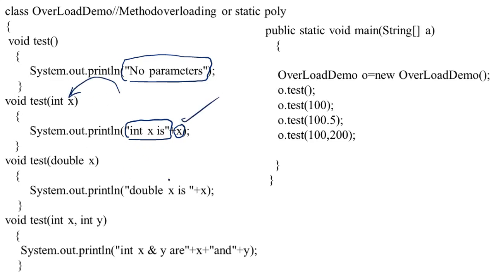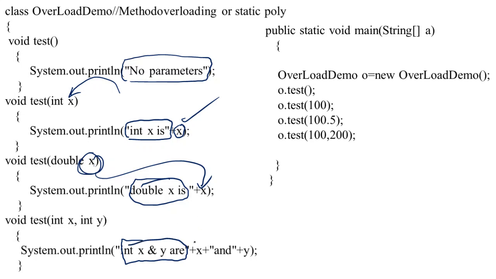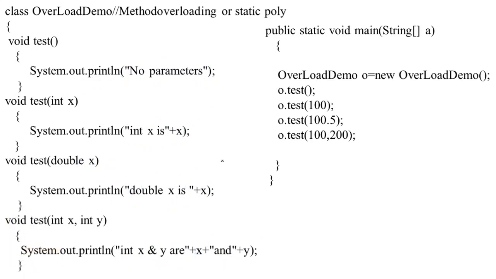In a similar manner, "double x is" is a message as it is in double quotes, and whichever number I pass to this variable will be printed here. In a similar manner, for int x and y, this is a message to which I am appending the x value. "and y is" is a message kept in double quotes, and y is a variable. How it works, we will try to understand.